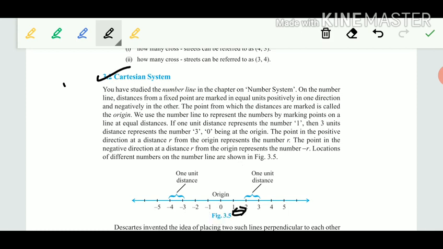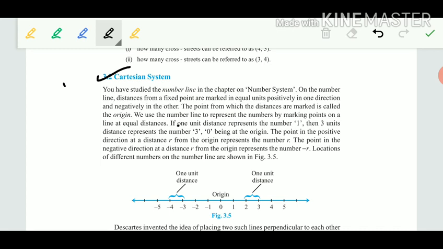The distance between 1 and 2, 4 and 5, or minus 3 and minus 4 is the same, and it is fixed. This distance is known as the 1 unit distance.